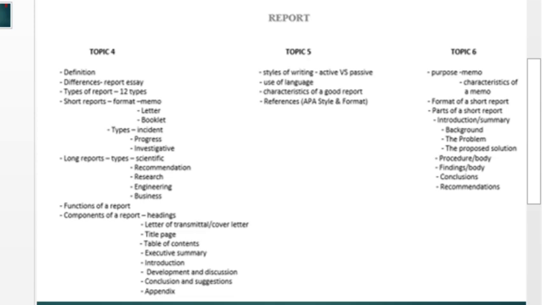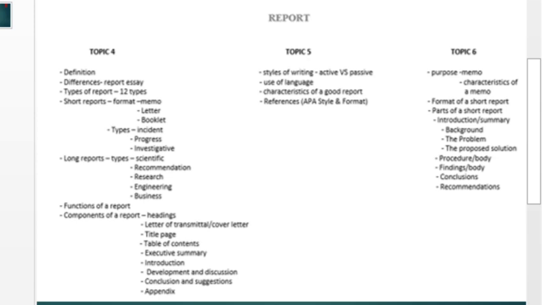I think you have seen this slide, these notes, on the differences between a report and an essay. After that, we were also introduced to 12 types of reports. If you still remember, some of them are engineering reports, progress reports, and research reports. There were 12 of them.